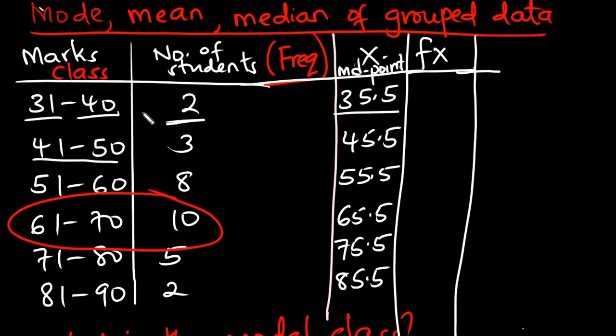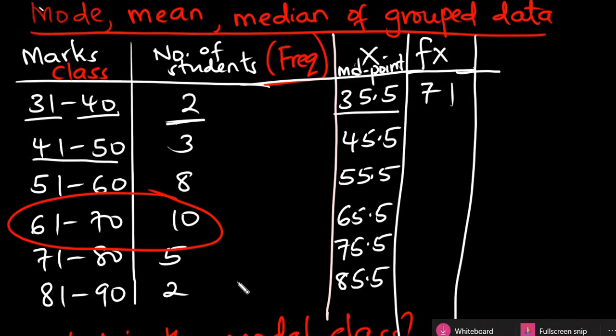For example, for this class, there are 2 students who scored between 31 and 40, and we give each of them 35.5 marks. So their total is 35.5 times 2, that's 71.